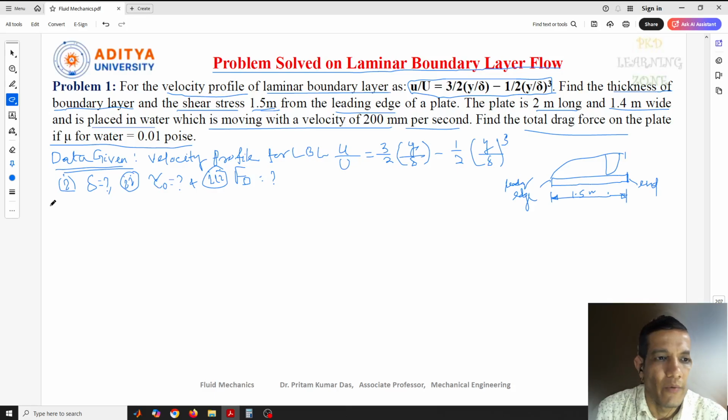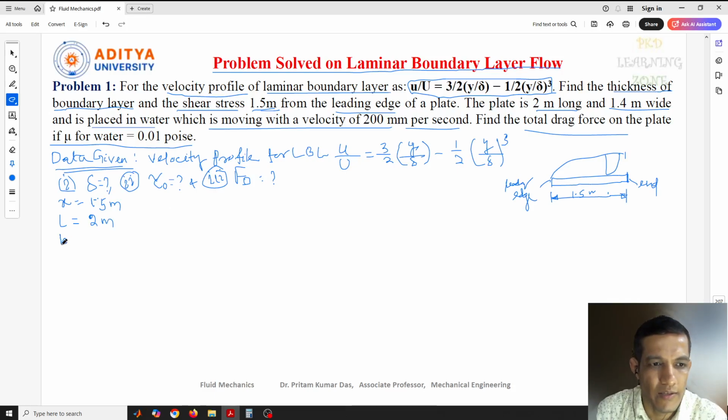Now the distance x from the leading edge, we can write x equal to 1.5. Next, the length of the plate L is 2 meter, and the plate width B is 1.5 meter.